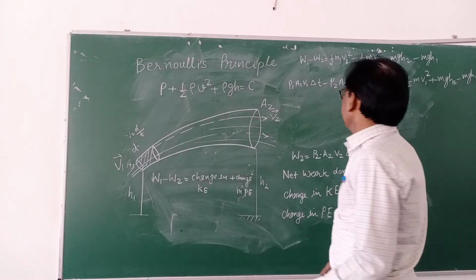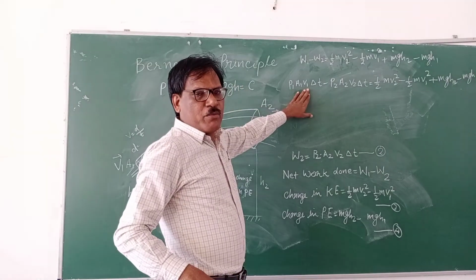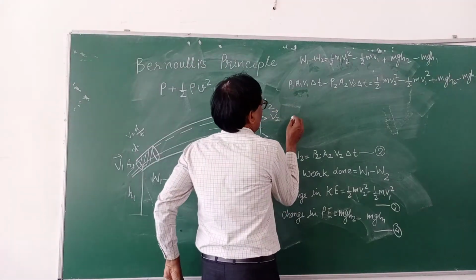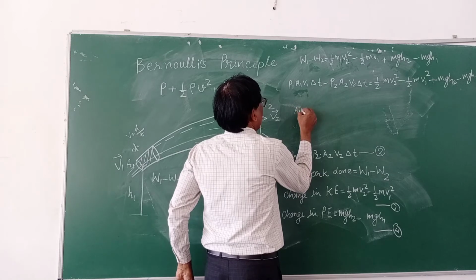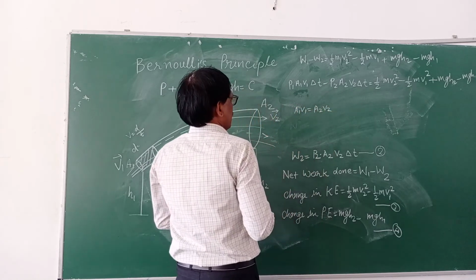Now here, from the equation of continuity, A1 V1 is equal to A2 V2, and both will be the same.